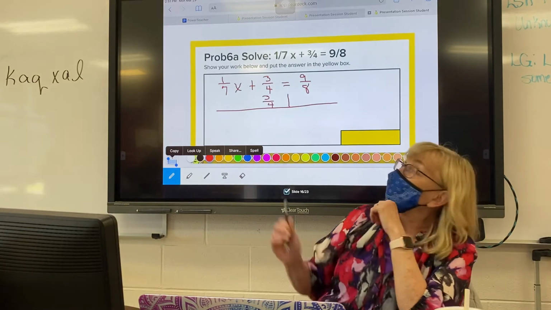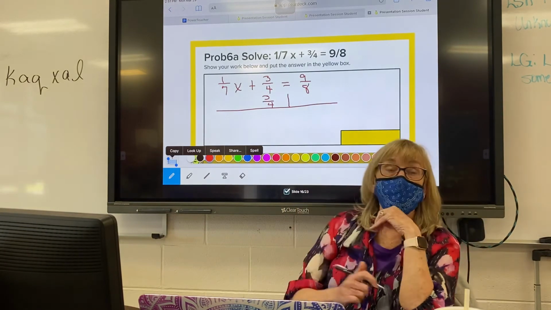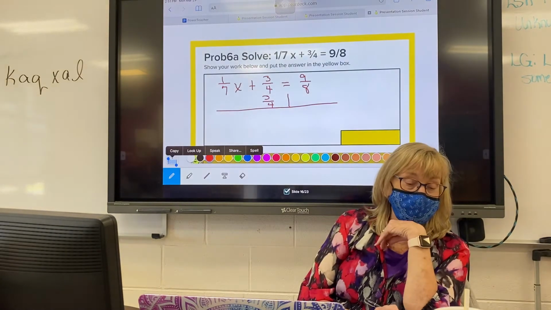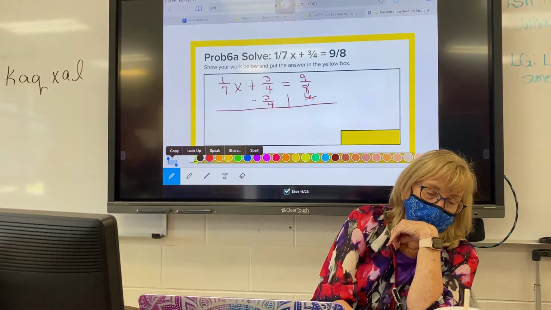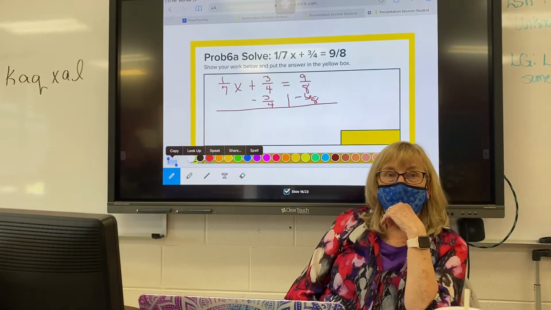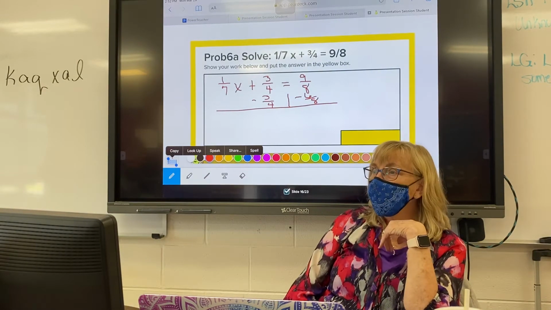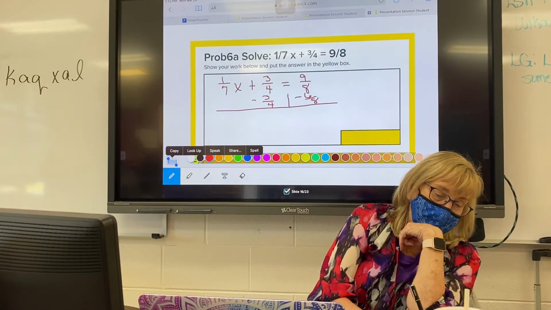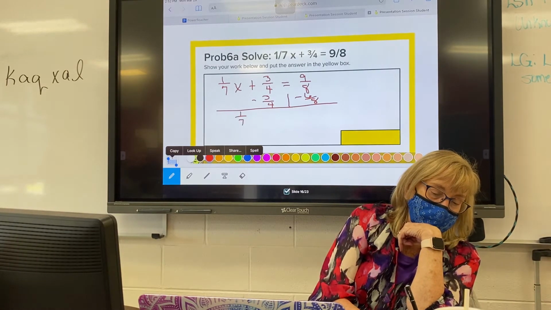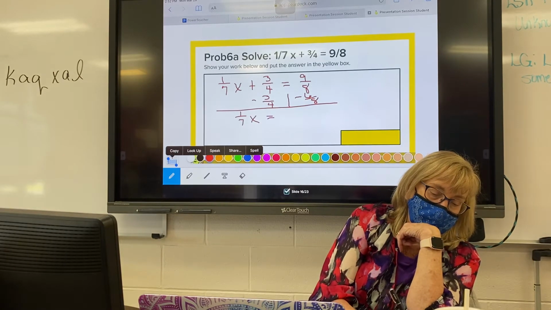If I write this as 3/4 on this side, what do I need to change it to be able to subtract it? 6/8. So I'm gonna go ahead and write it as 6/8. Because is 3/4 the same thing as 6/8? Okay, so I end up with 1/7 X equals 3/8.